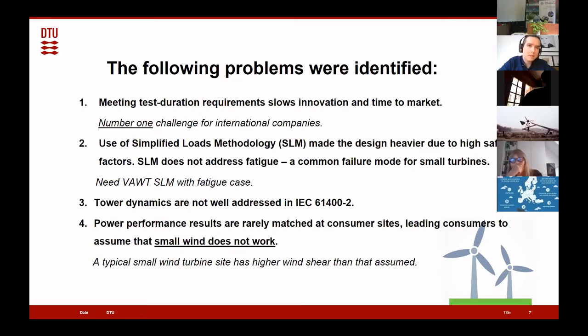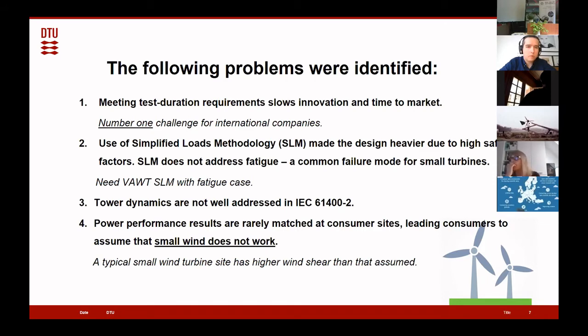Number two is that the use of the simplified loads methodology, SLM, made the design heavier due to high safety factors. So in other words, the methodology as such is currently too inaccurate, one could argue. Other than that, it does not address fatigue, which is a common failure for small turbines.